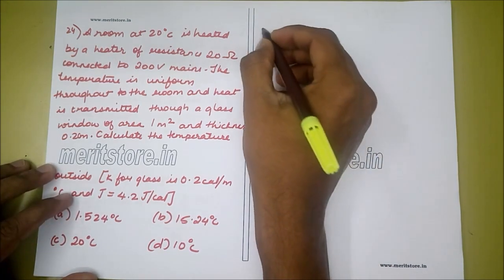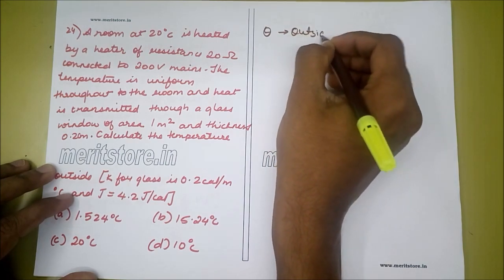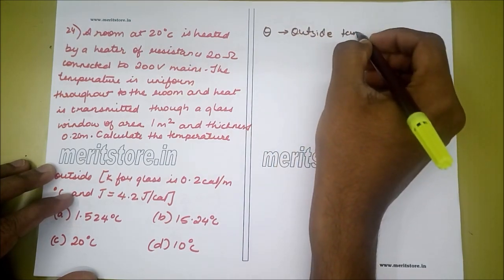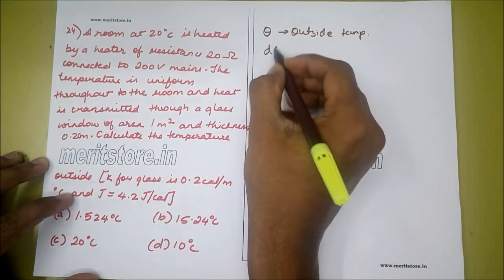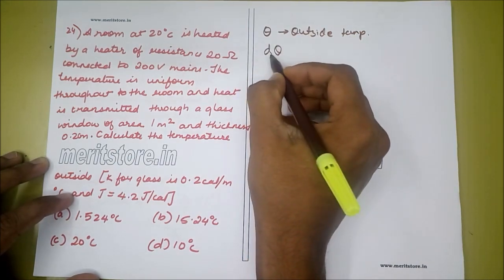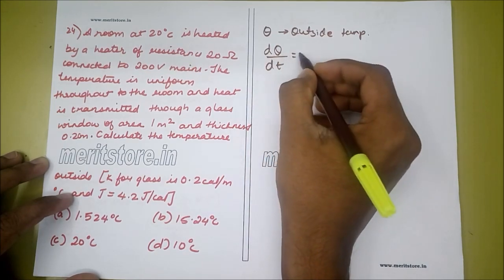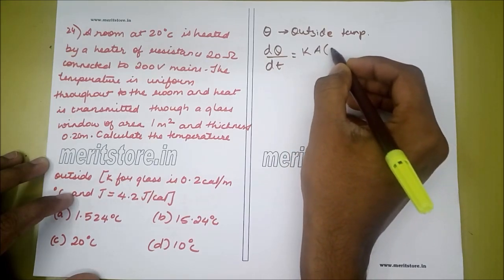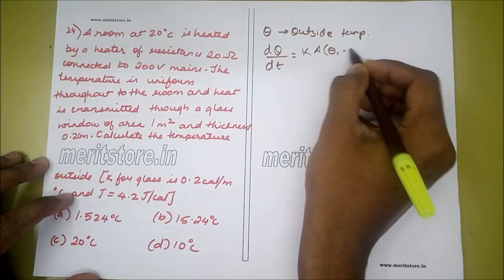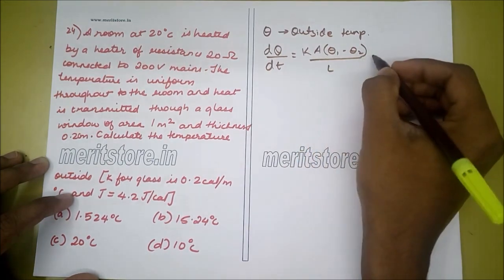Now let's assume that theta is the outside temperature. So the rate of heat flow from the room to outside, dq by dt, is K A times the change in temperature, theta 1 minus theta 2, upon the thickness of the glass.